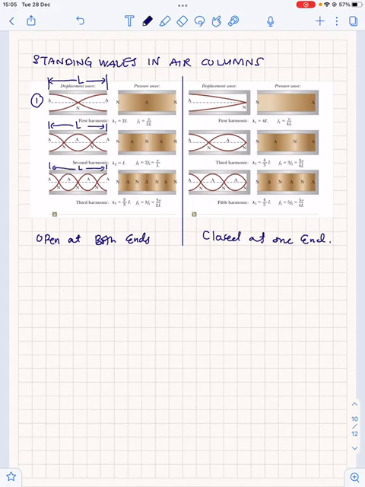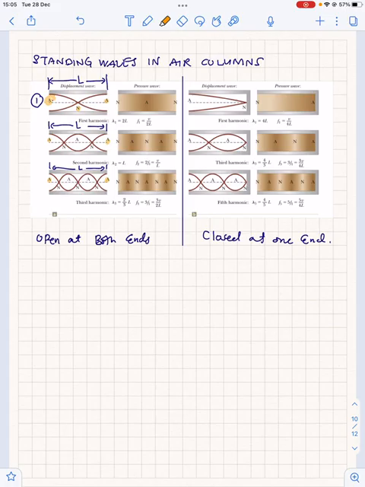We have A here representing the antinode. This one is a node and this one an antinode. So at the open ends of the column, we will have an antinode. As we can observe here, at all open ends we have an antinode.